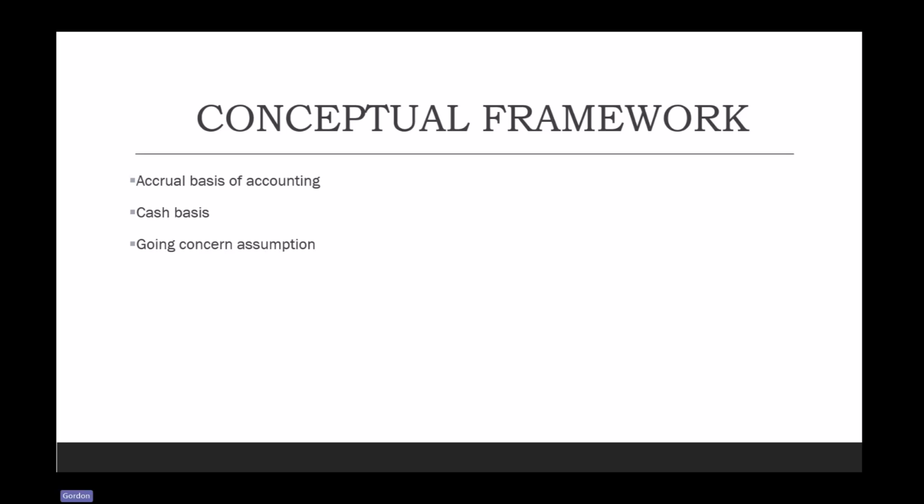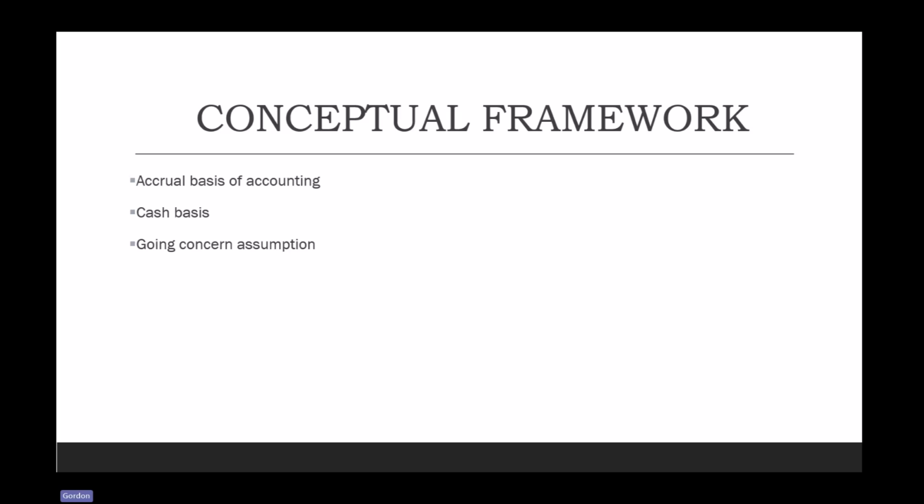Mr. Gordon, yes, please. Did you explain the part of the going concern assumption? I'm going to do it now. So the going concern assumption is very, very easy. It says that when you are preparing the financial statements, you must assume that the company is going to be in operation for the foreseeable future, unless or until you know that the company is about to be liquidated.